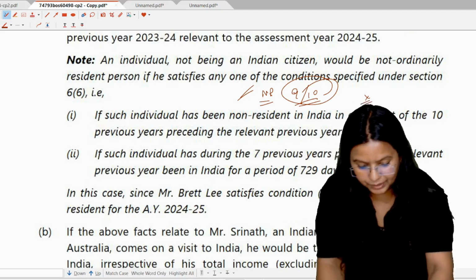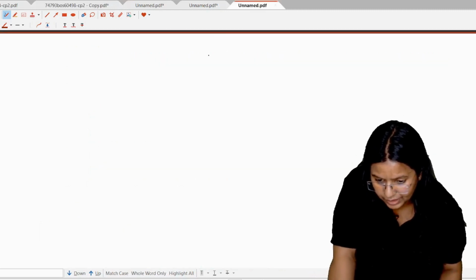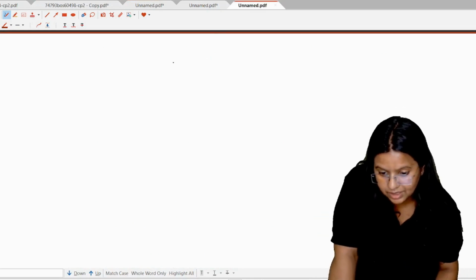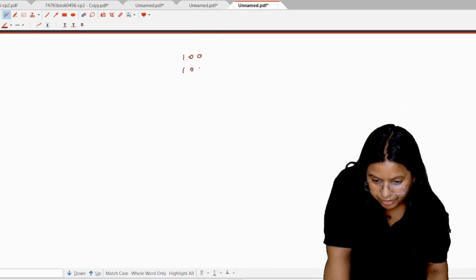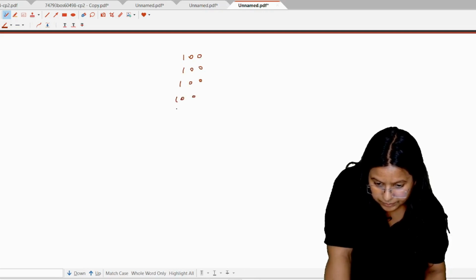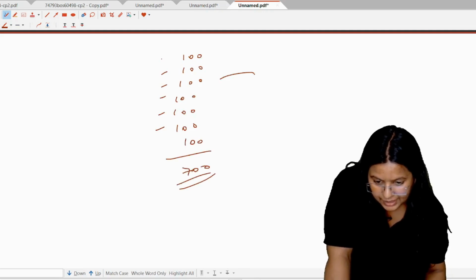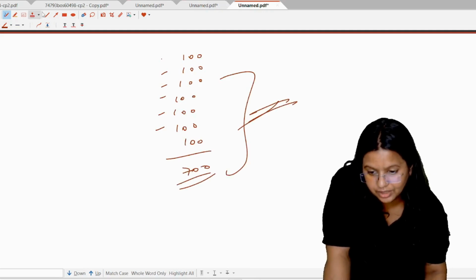Now, calculate the number of days he was in India for the 7 years immediately preceding the previous year. He was in India for every 100 days. So 1, 2, 3, 4, 5, 6, 7. 700 days. At least, student, he is satisfying this condition. How?